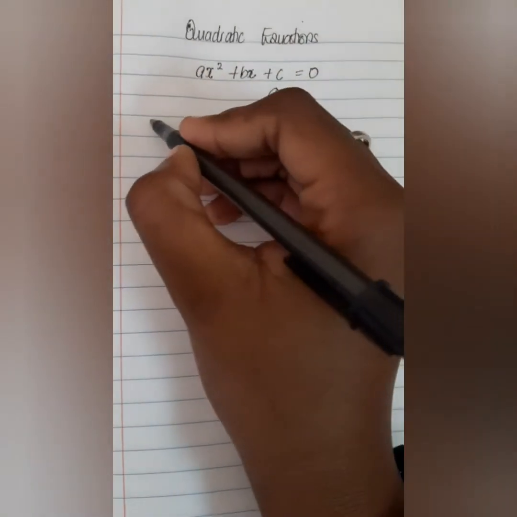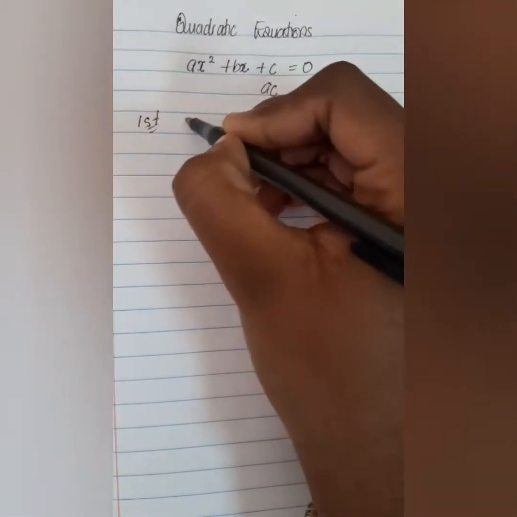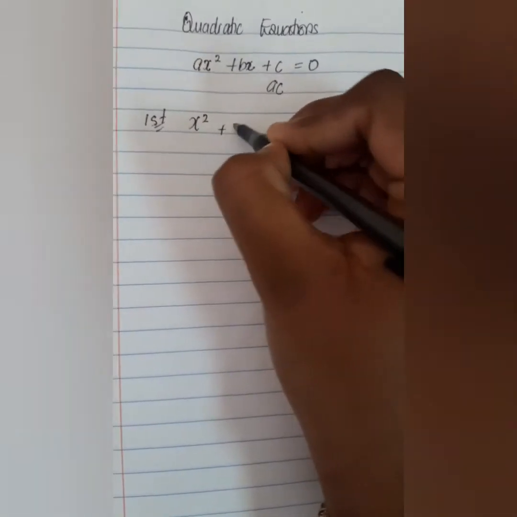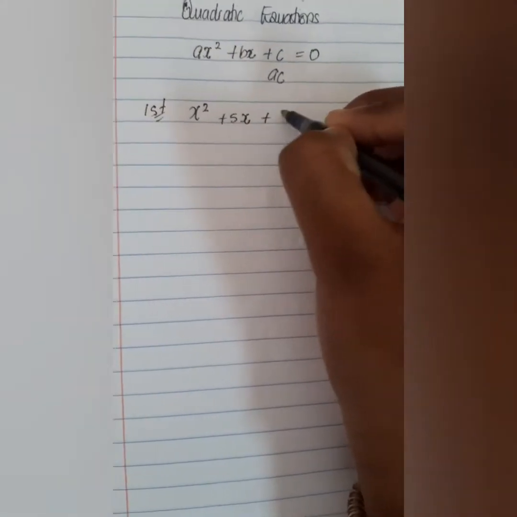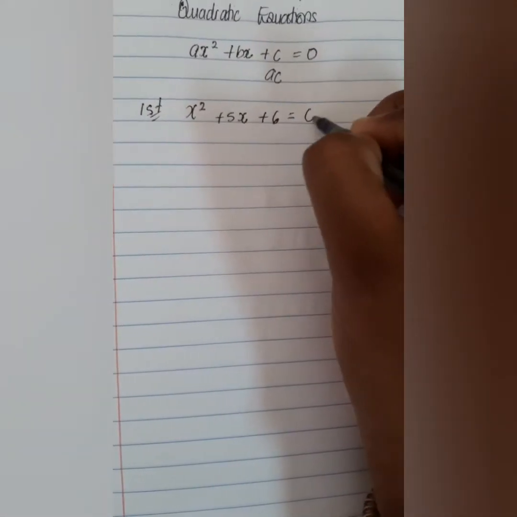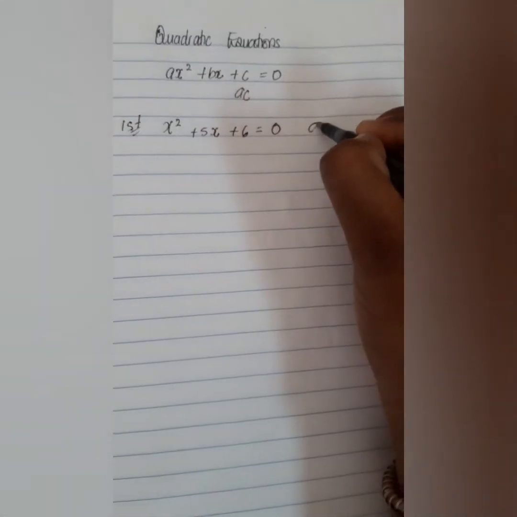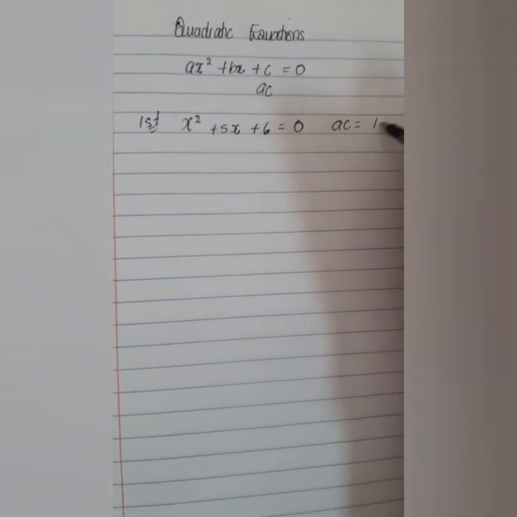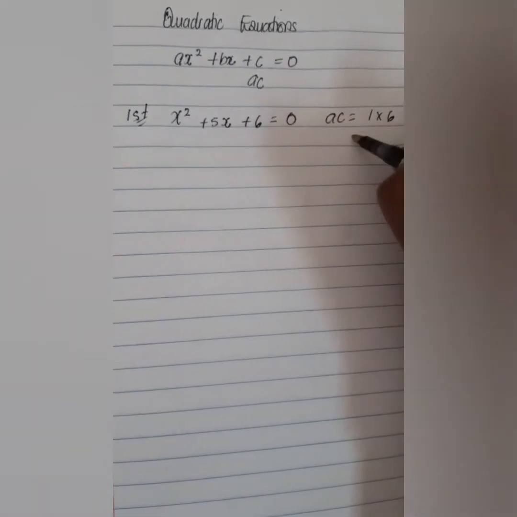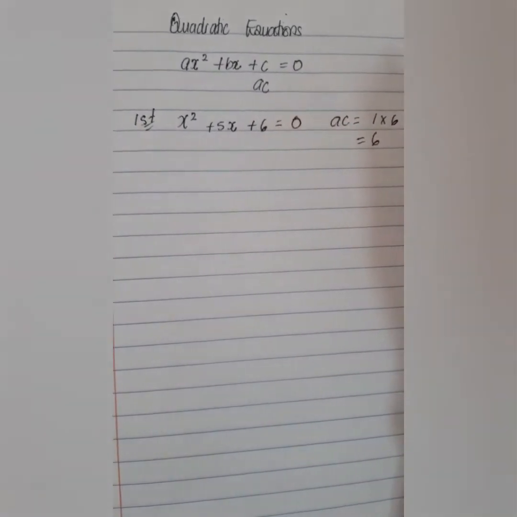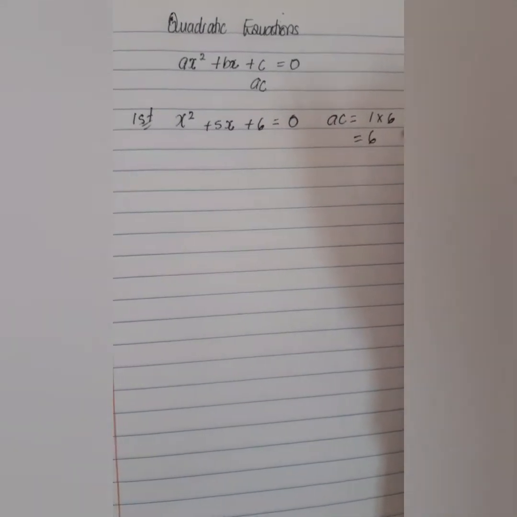Alright, so here we have our first example. So we have x squared plus 5x plus 6 equals 0. So we know that AC is equal to 1 times 6, which is equal to 6. So now we're going to factor 6.